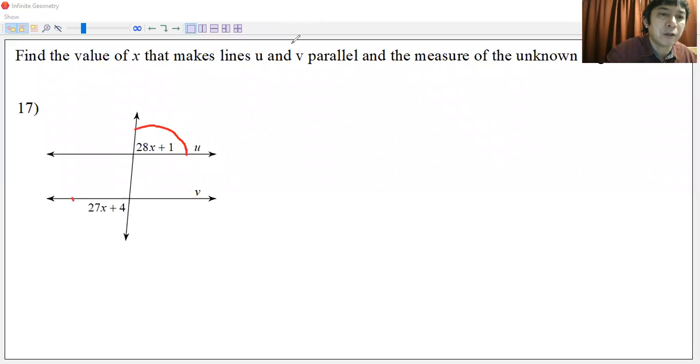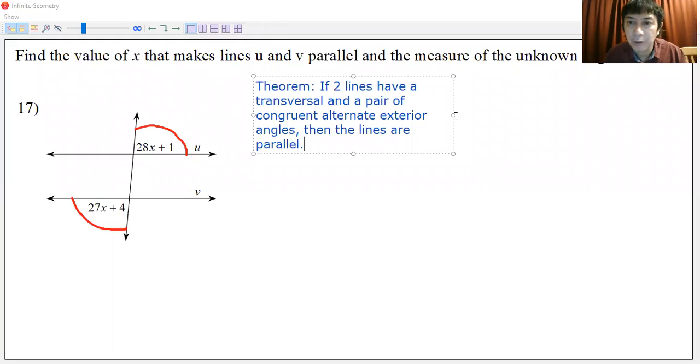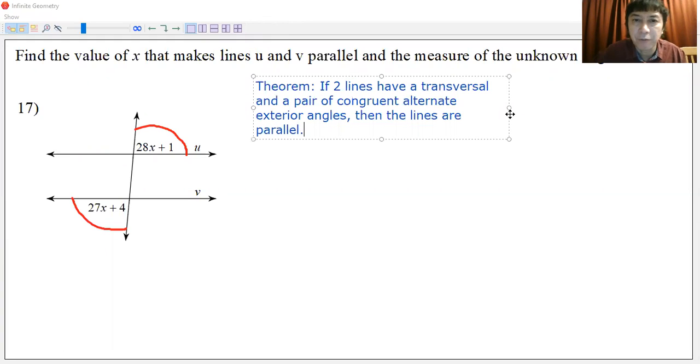This angle and this angle makes alternate exterior angle pair. So we can apply the third theorem over here. If two lines have transversal and a pair of congruent exterior, all right, alternate exterior, then the lines are parallel.